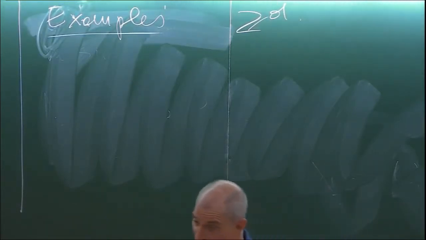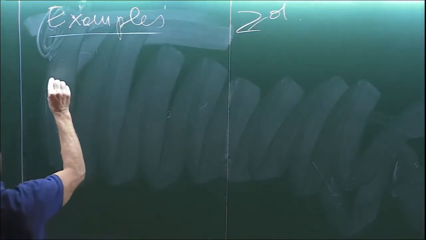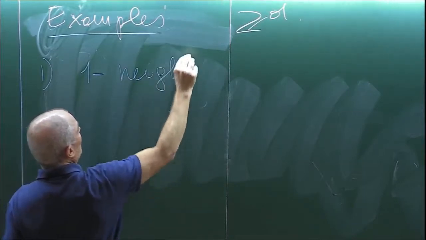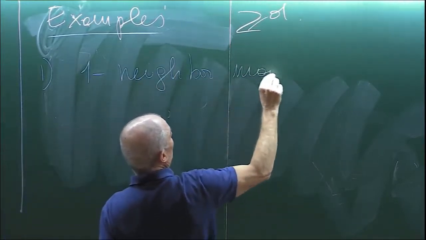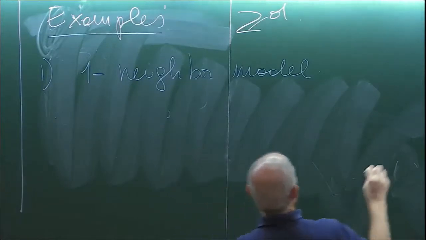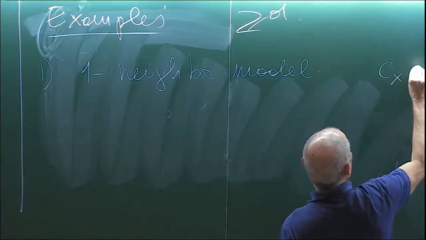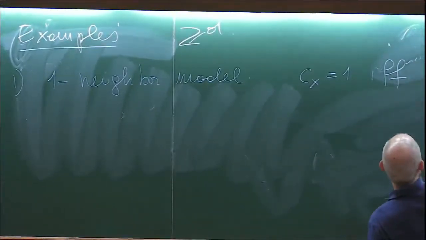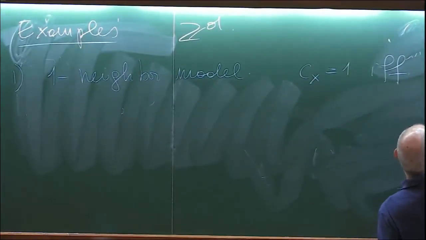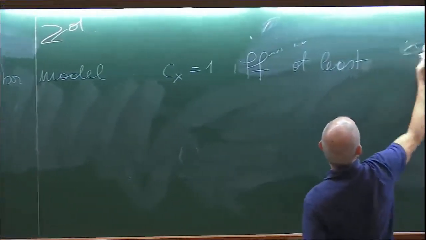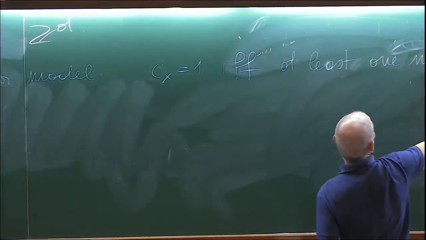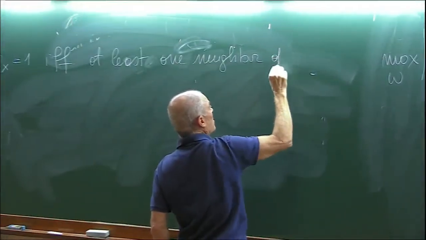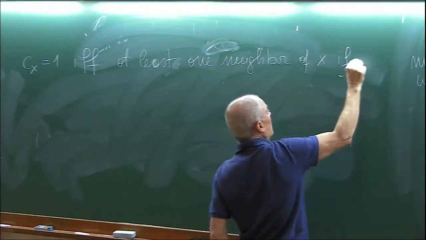Okay, but just for the example, the one neighbor model: c_x is 1 if at least one neighbor of x is 0.